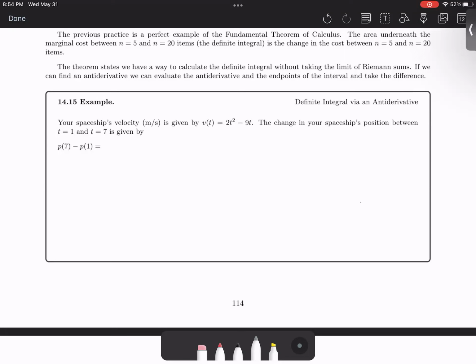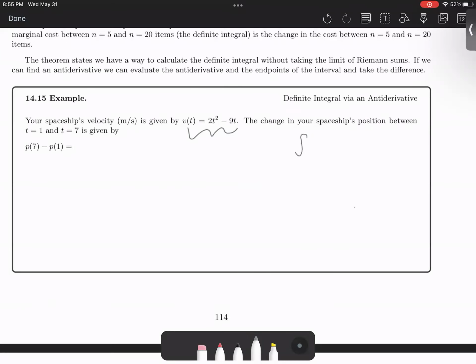It's pretty cool. Here, our spaceship's velocity measured in meters per second is given by this quadratic right there. Okay, so we want to find the change in our position. So again, I'll copy that down, what I just erased. The area underneath the velocity curve, right?